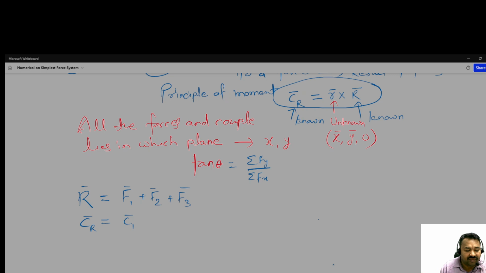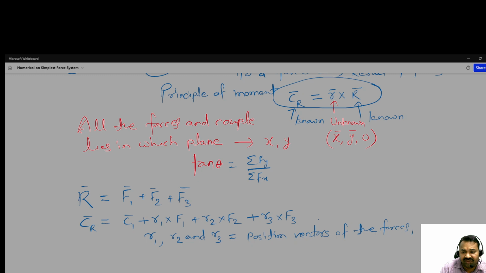And here, R1 cross F1 plus R2 cross F2 plus R3 cross F3, where R1, R2 and R3 are the position vectors of the forces, respectively.